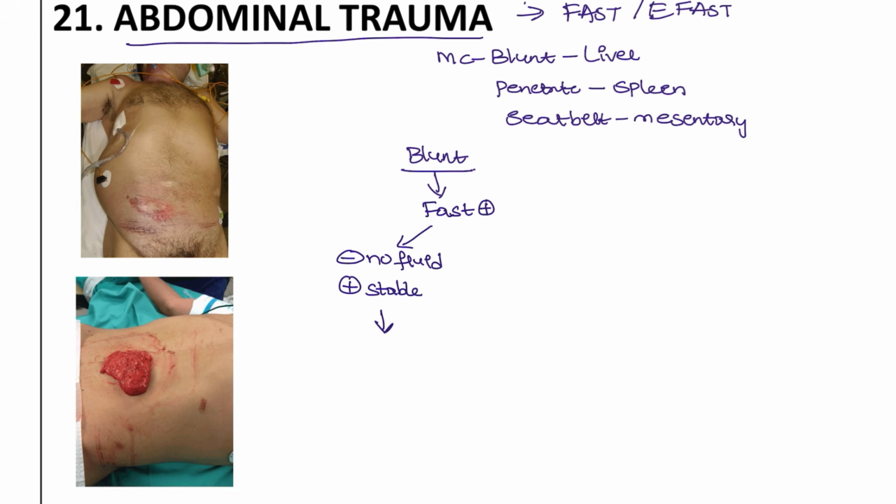Then proceed with the CECT investigation. But if ever you see there is fluid and the patient is unstable, to control the internal bleeding you have to do the laparotomy. Laparotomy has to be done for the blunt trauma.